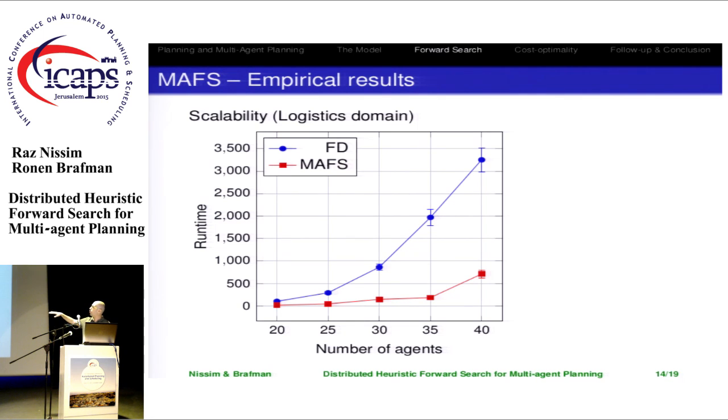We see that the problems are solved faster, but the hidden variable here is the number of cores being used. For multi-agent forward search, we use a core for each agent. So we see a better runtime, but you should actually multiply this by the number of agents. So the efficiency here is sublinear.